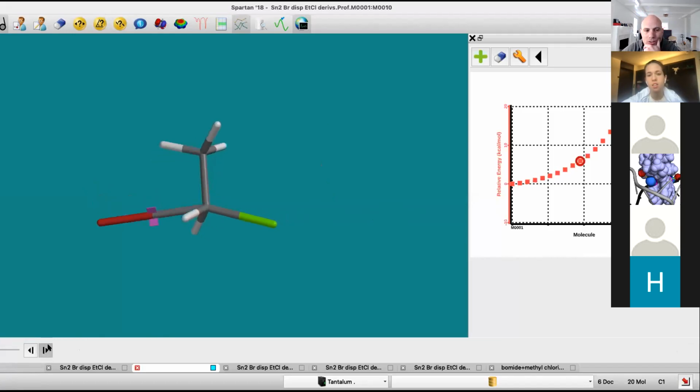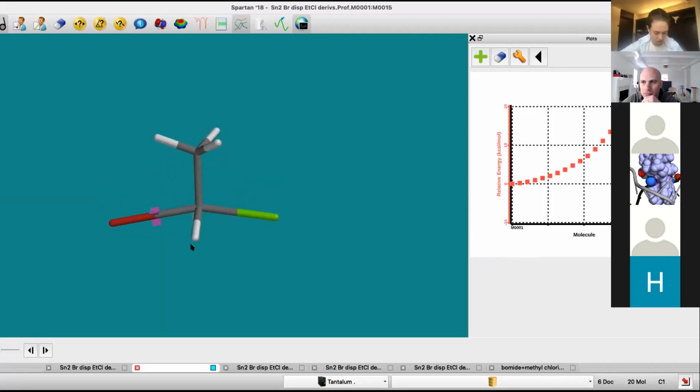The bromide's coming in, and this is where we start to approach the transition state. And there's pretty close to the peak of the curve, and you can see that the carbon again is almost planar. These things are pushed down a little bit, and that's because of the methyl group, but the geometry is approximately trigonal bipyramidal.